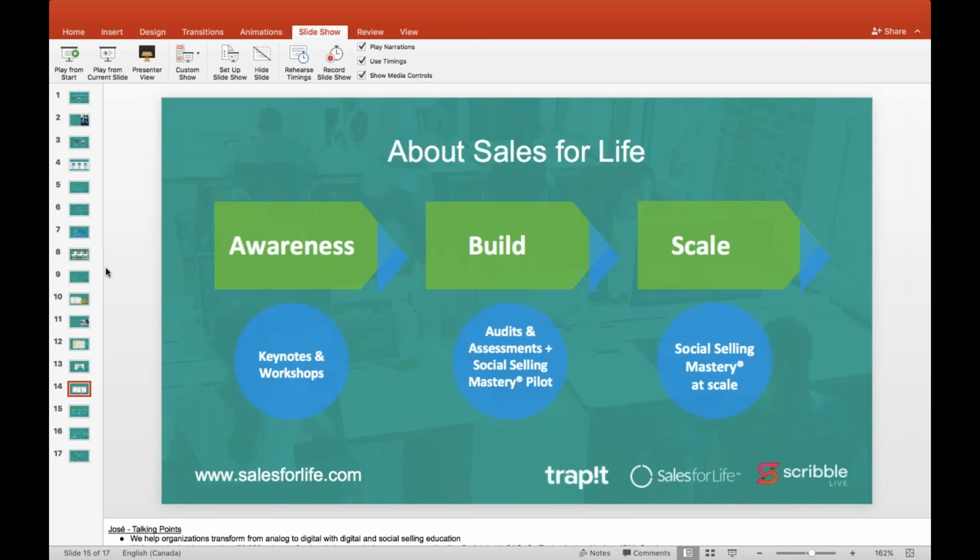And we have helped them do exactly what we described today. We have helped them create awareness around social and the importance of social in their organization. We have keynotes and workshops that we offer to kickstart this process. We have helped them build a case with audits and assessments and with pilots of social selling deployment. And we have helped them scale.